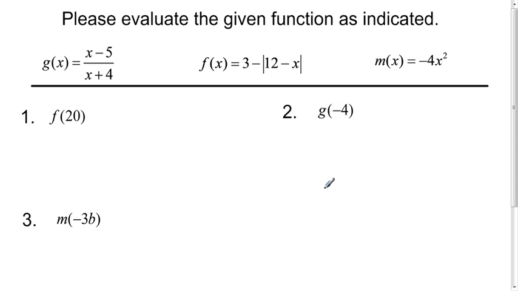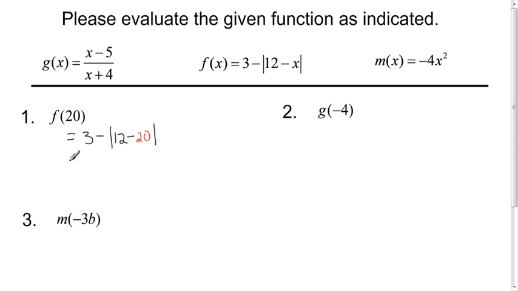So, what this means to do when we say f at 20, it just means to, quite simply, take 20 and plug it in for x in f of x and simplify. So I will do that by doing equals 3 minus the absolute value of 12 minus, now plugging in the value of x, 20.